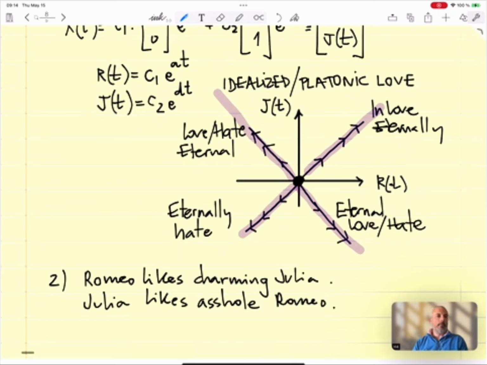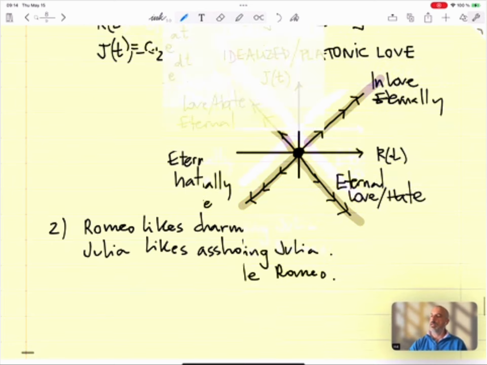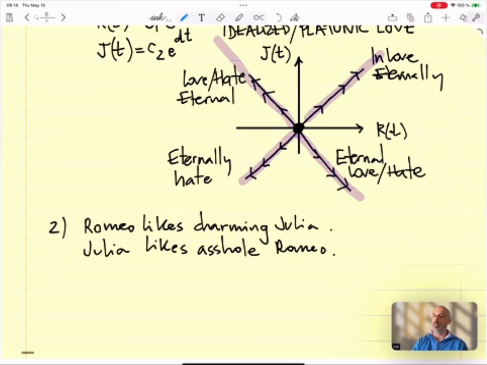Let's define the parameters mathematically.